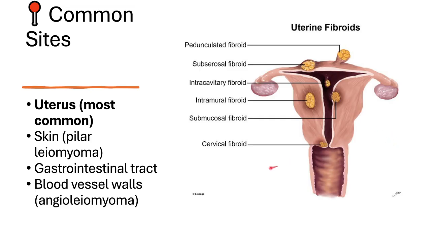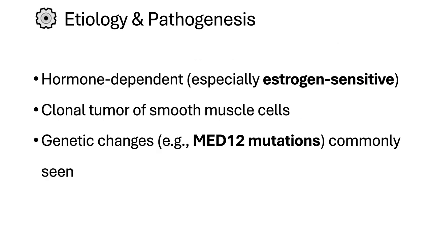So these fibroids are leiomyomas, and the uterus is where leiomyomas are most commonly seen. Also, they can be seen in the skin or gastrointestinal tract, or in blood vessel walls. If it is in the blood vessel wall, we call it angioleiomyoma.